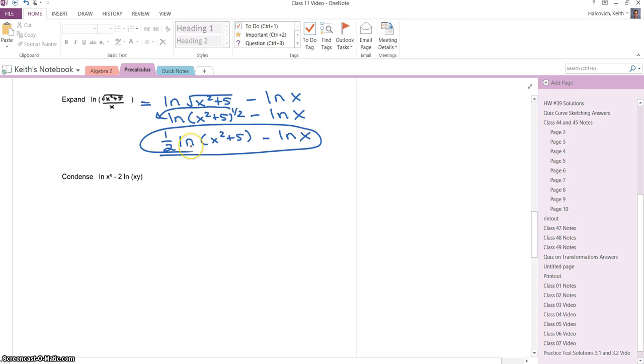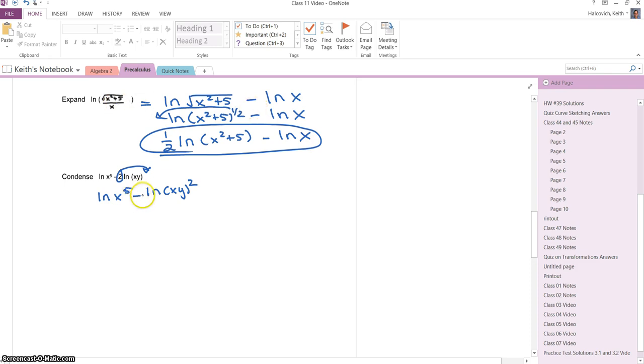So now, just like we expanded these logarithms, we can condense them. How we condense them is basically, if you notice anything in the front, we're going to roll it back. So notice we have the ln of x to the fifth minus the ln of xy squared. So we roll that 2 back to the front. Now, minus means to divide, right? Because when we divided, we subtracted.